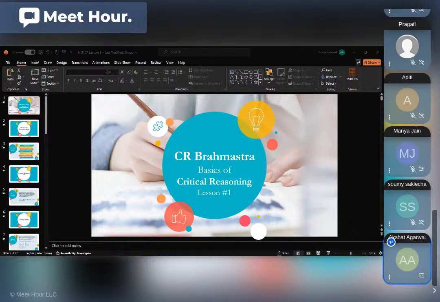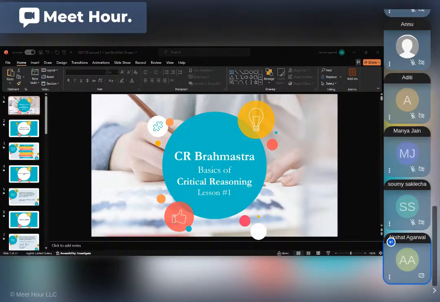We're going to give you a series of lectures on the very basics of critical reasoning. Critical reasoning, as you all know, is an important component of CLAT, and more importantly, it's a very scoring subject because, as compared to legal reasoning or reading comprehension, it's easier to solve objectively.